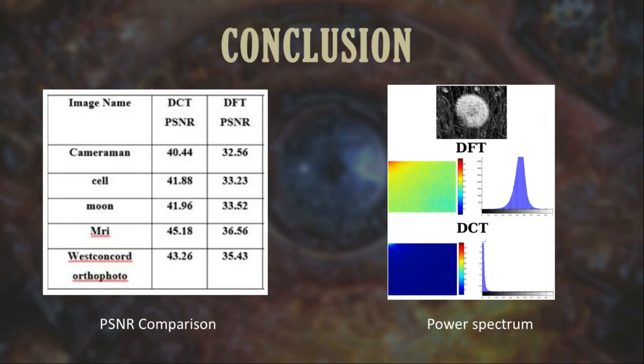The given table shows the compression PSNR of DCT and DFT of some images. PSNR, peak signal to noise ratio, is defined as the maximum possible power of a signal and the power of corrupting noise that affects the representation of an image. The given graph shows the power spectral of DCT and DFT.